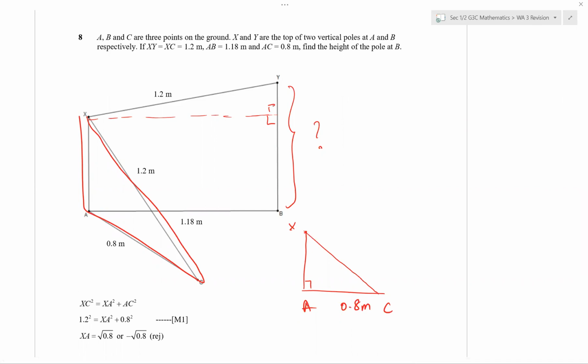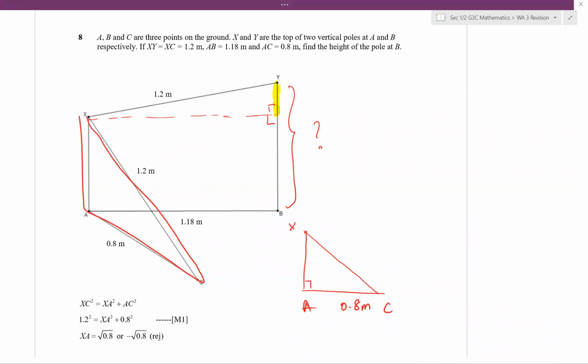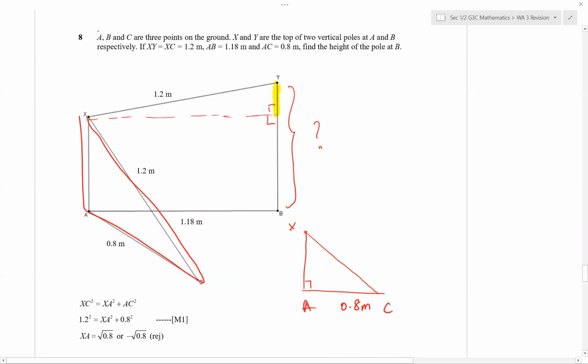We can find the height of this little triangle that I'm going to highlight, because we are forming a right angle triangle on top. We've got a hypotenuse as 1.2. We've got a base as 1.18. Okay, same base, 1.18. So I know confirm I can get this little value.